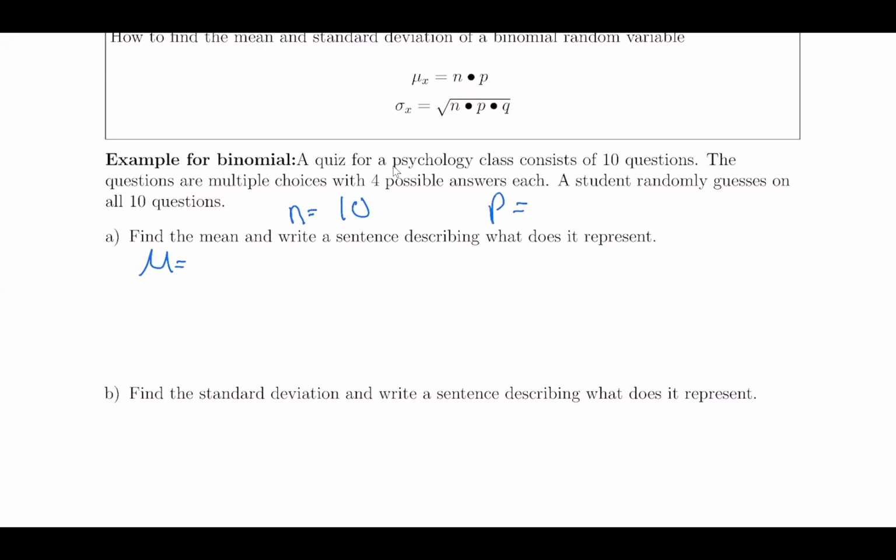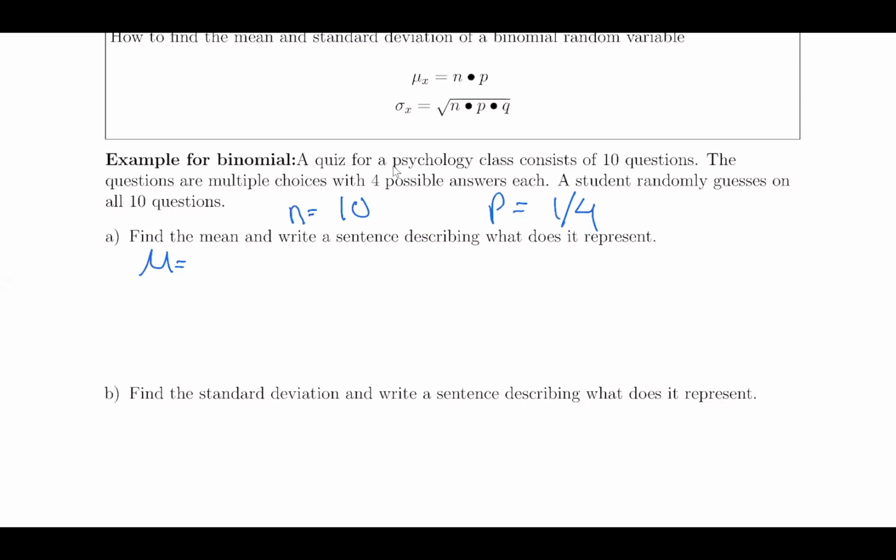So for this one, how many total possible answers are there for a multiple choice? 4. Yeah, 4. And if you think about this, it should be 1 out of 4, because there should be 1 correct answer out of the 4 possible answers. So that's our n, that's our p. So let's find our mu.